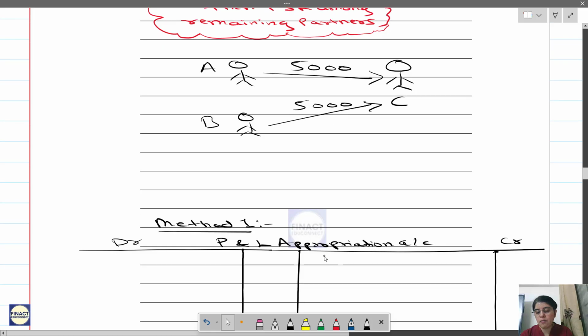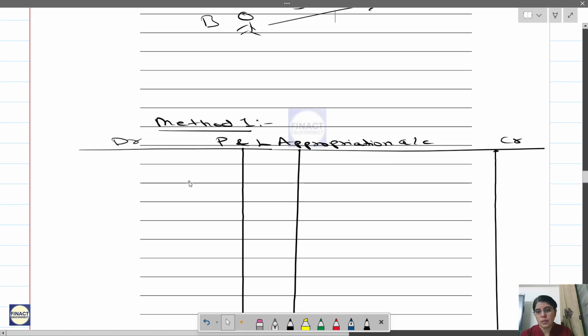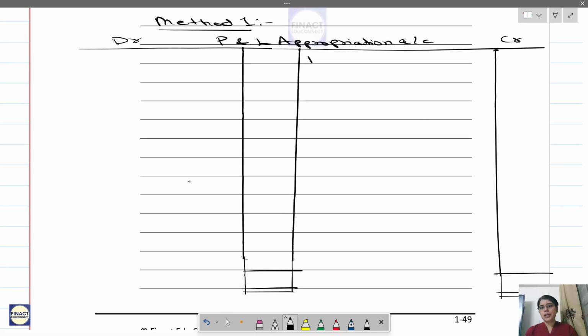So prepare a rough profit and loss appropriation account over here and let us see how much is the profit. Profit of the firm was 4 lakh rupees. So let me write the profit and loss appropriation on the credit side by P&L account. Don't use short forms; use it as profit and loss account only, whenever you are doing it.